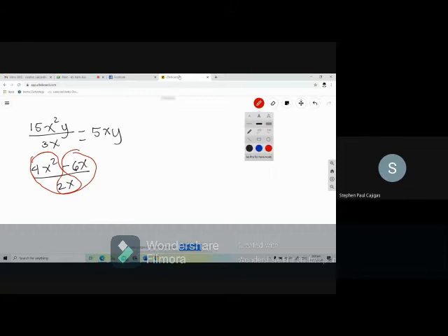So essentially, what we will be getting is 4x squared over 2x minus 6x over 2x. Since this is a minus, we keep the minus operation. And then for each term, we will now be able to apply the law of exponents.